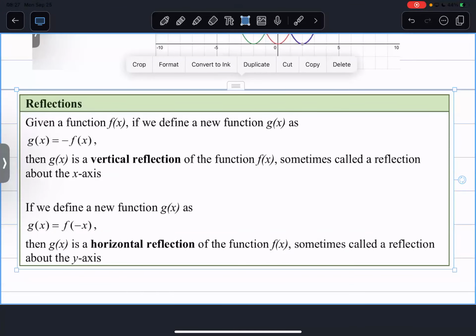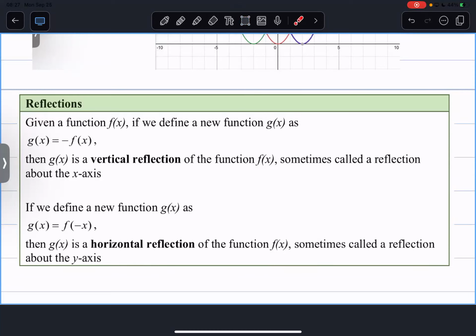I have a function f of x, then if I take that function and multiply it by -1, what does that do? It takes my original outputs, let's think about x squared, and makes them negative, right? And so this is going to be a reflection about the x-axis, right?